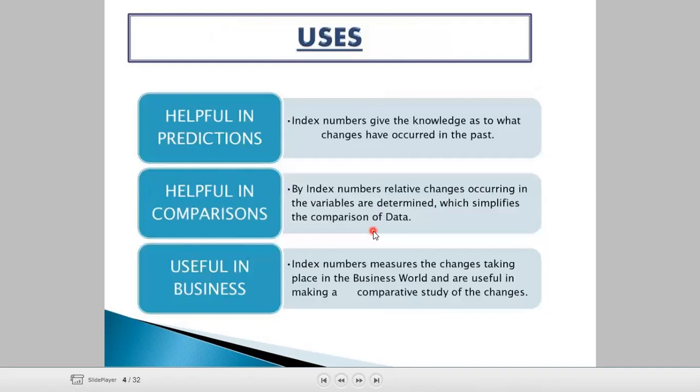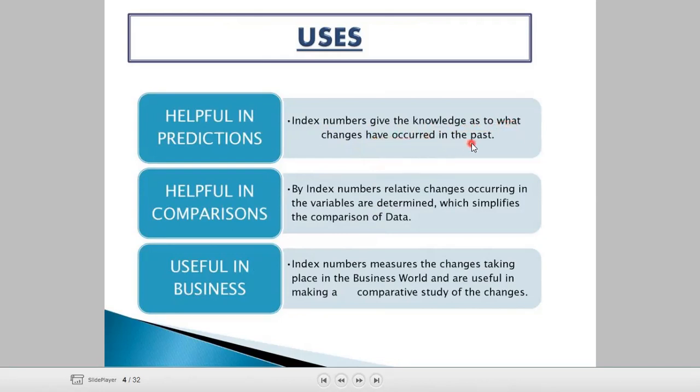Uses of index number. Index number is very much useful in prediction. What does it mean? Index numbers give the knowledge as to what changes have occurred in the past.